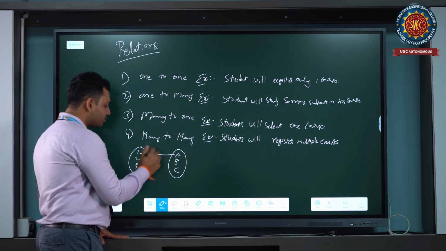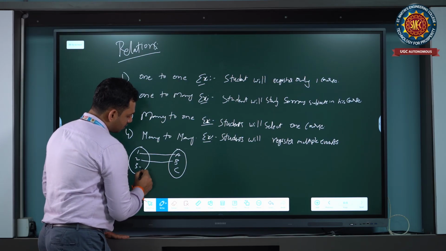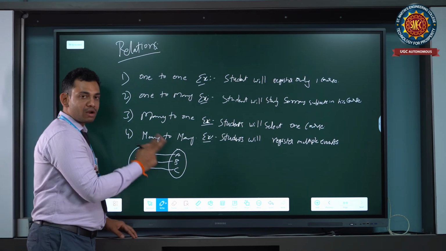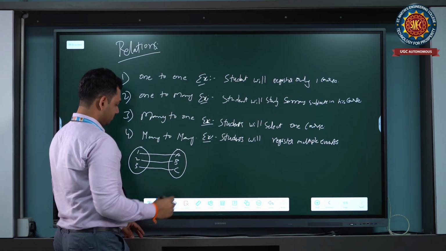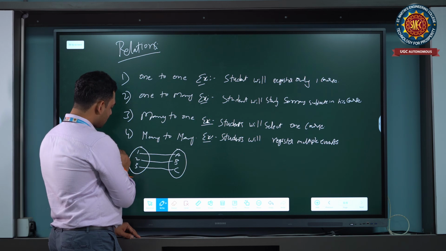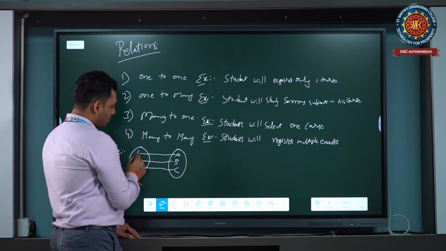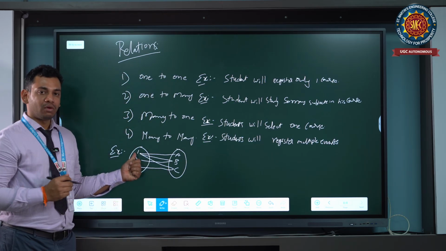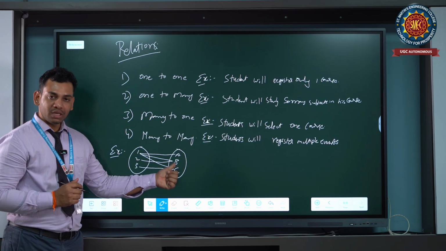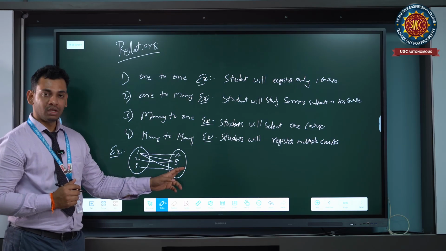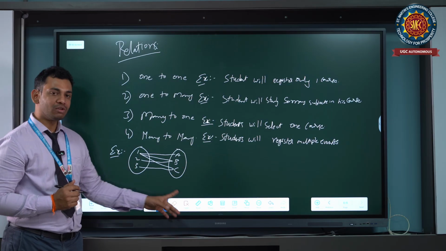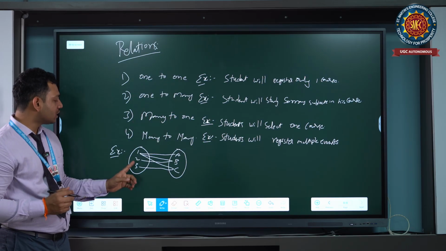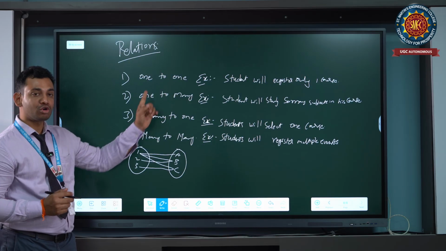These objects have a connection only one on one. For one to many, consider the same example: 1 to B and 1 to C. One has a relation with A, B, C, while two has B only, and three has C only. Two and three have only one to one relation, and one has a one to many relation.